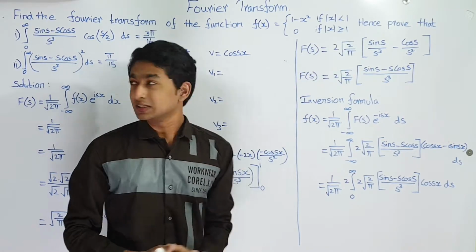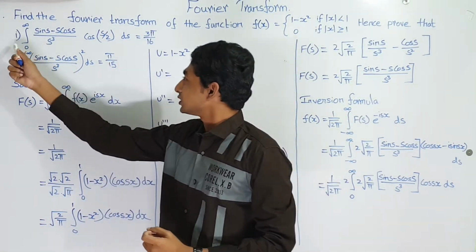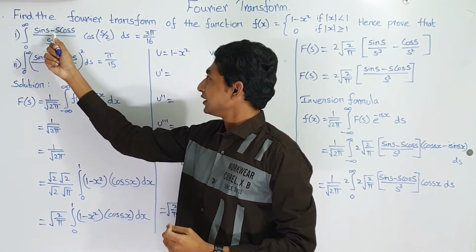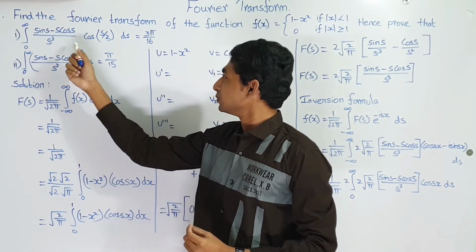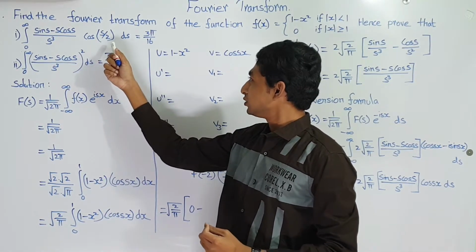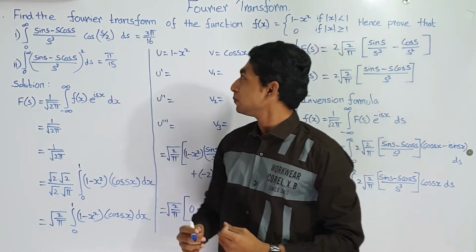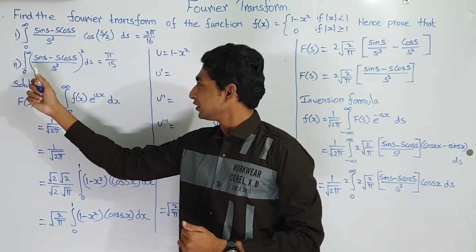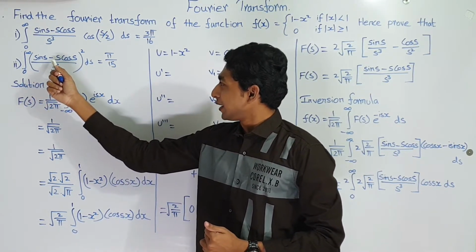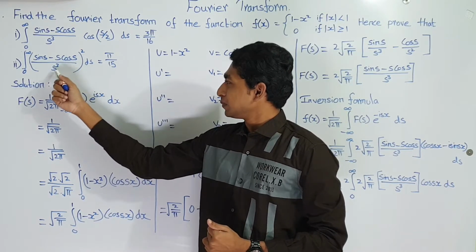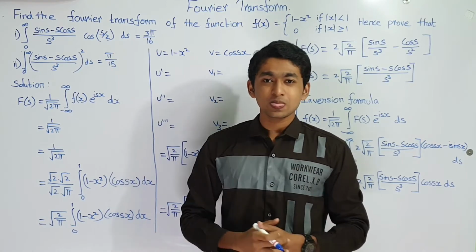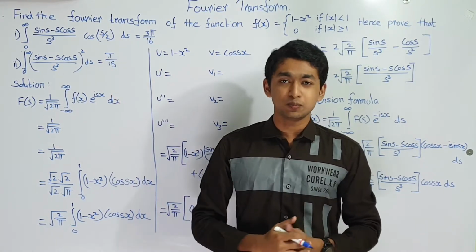Hence prove that number 1: integral 0 to infinity (sin s minus s cos s) divided by s cube, cos s by 2, ds is equal to 3 pi by 16. And second: integral 0 to infinity ((sin s minus s cos s) divided by s cube) the whole square ds is equal to pi by 15. So both these answers we need to prove.